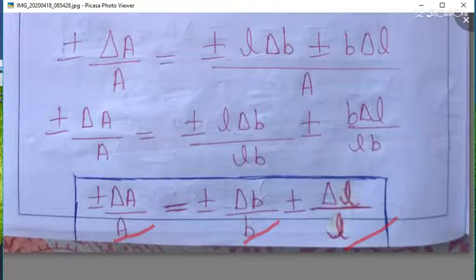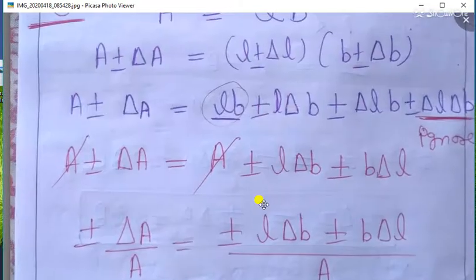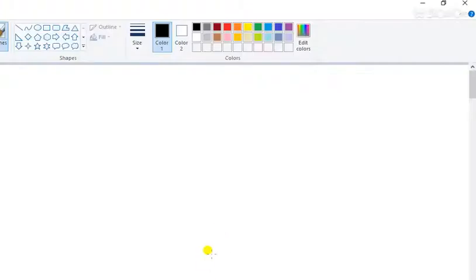So students, I am opening Paint for the binomial expansion discussion. Okay, now I have opened the Paint. I am taking one example where we will use binomial expansion.